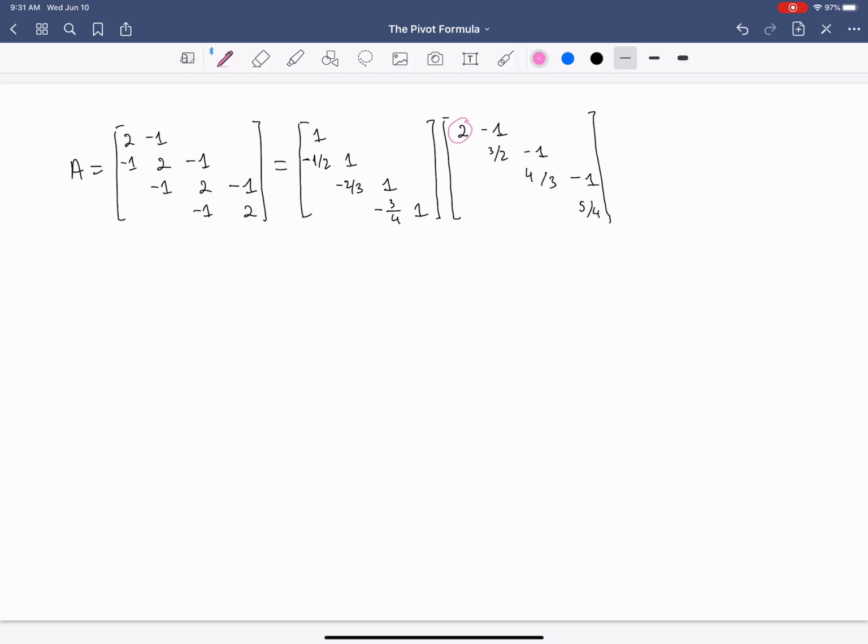So these are the pivots. Their product gives the determinant. You can immediately see that the determinant of A is simply 5.